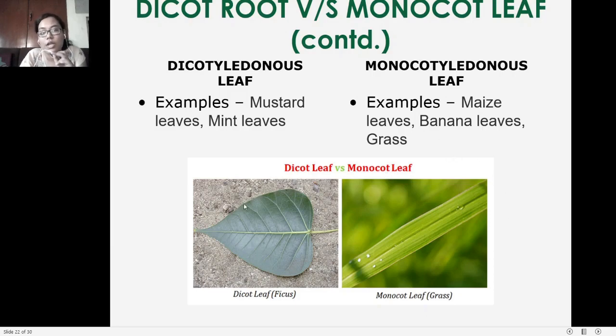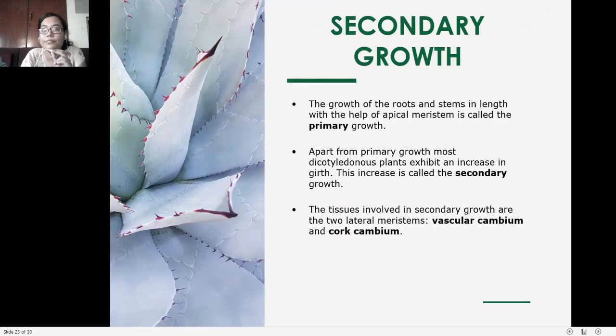So see, in dicot leaf you have very complicated venation work here, which is the reticulate venation prominent on the surface, but in monocot leaf you can see parallel venation and no such network like things. Okay, so here we end our comparison, and now it's time for secondary growth.